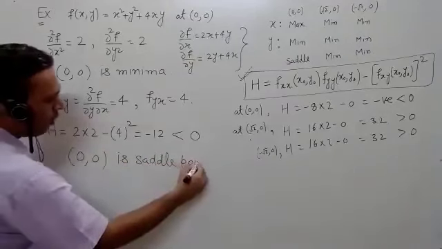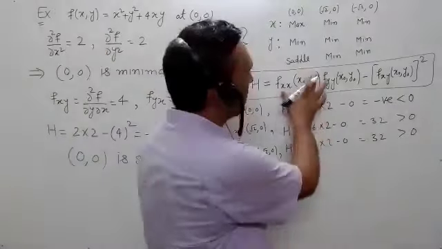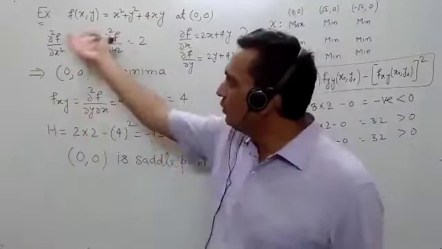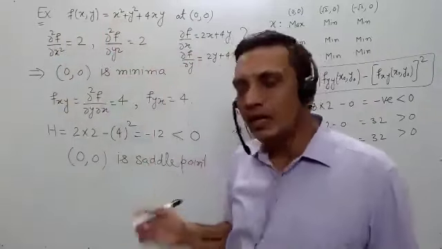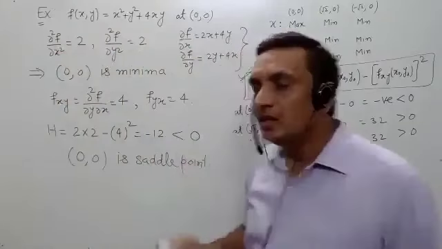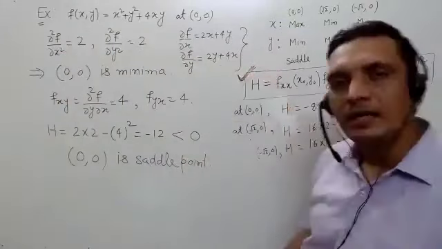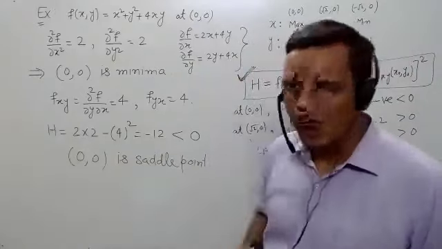So that's why you have to always check the final test. This will give you the exact result. So for example, in this case, if you use only this rule, you will get 0, 0 is minima, but actually it's a saddle point. So just remember this point. Using the final test, you can decide whether it is a saddle point, minima or maxima.